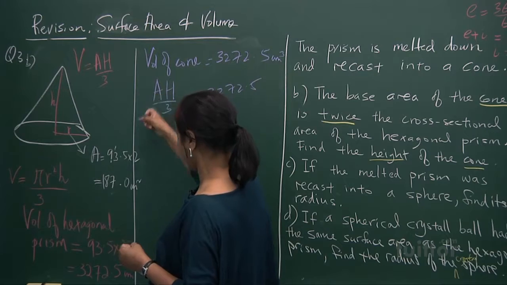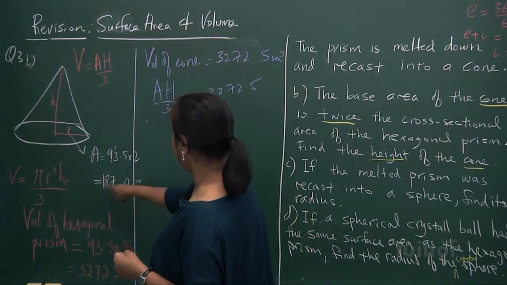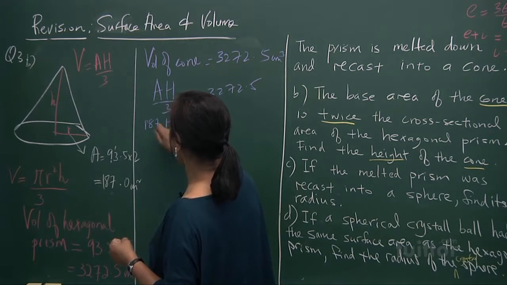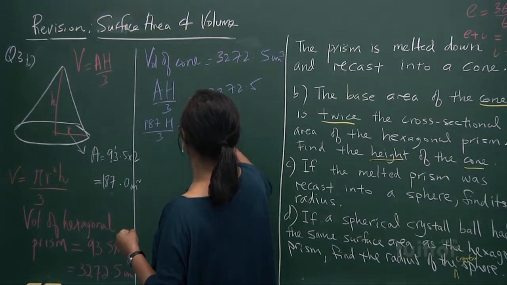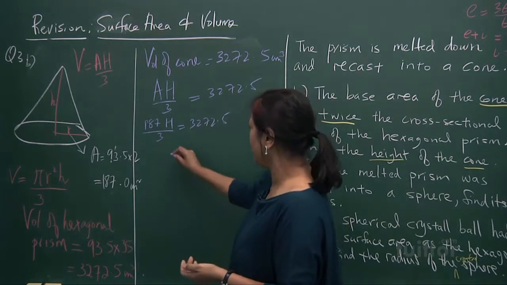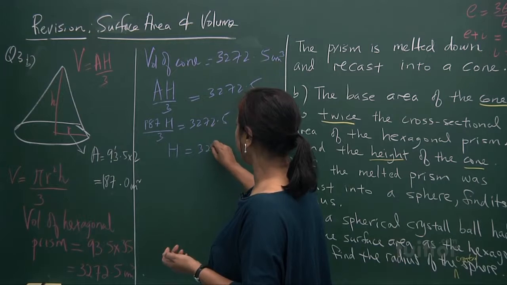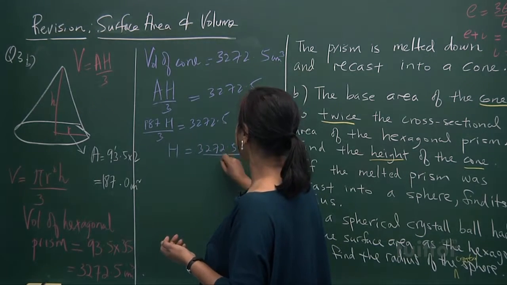So we know that the cross-sectional area is 187, so 187 times the height divided by 3 is 3272.5. So what is h going to be? We're going to bring the 3 over, and then divide by 187.